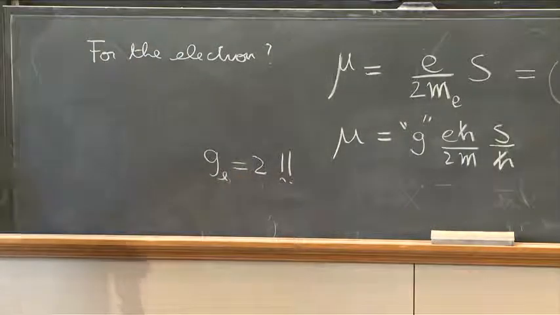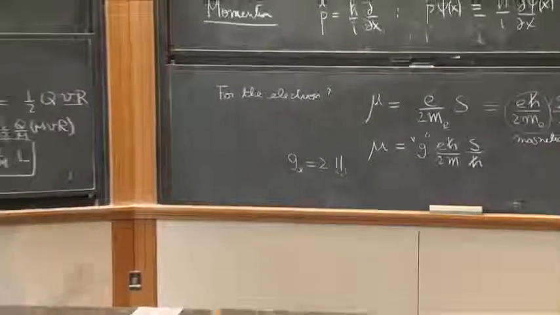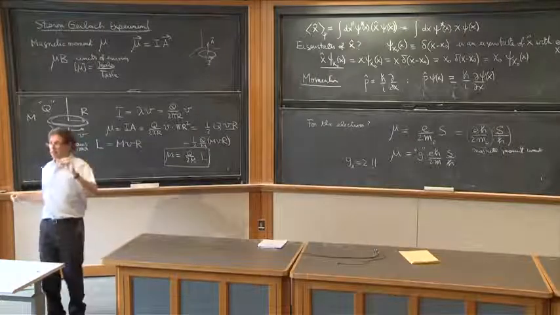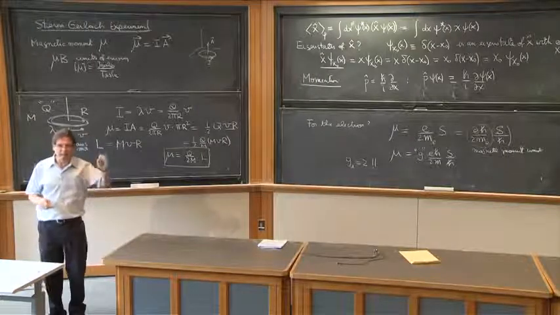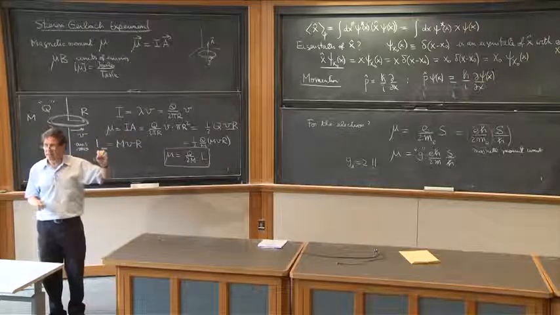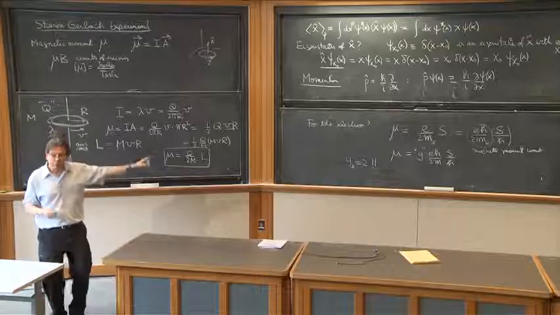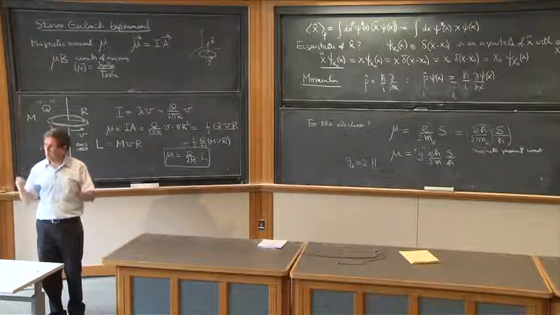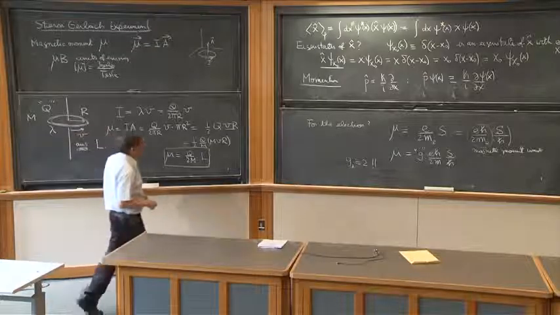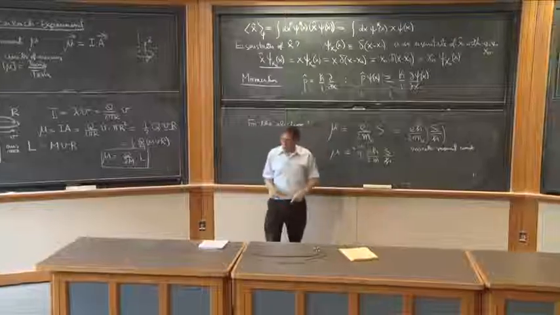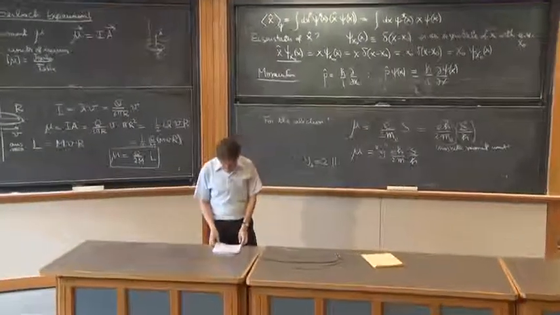Now that, you would say, cannot be an accident. It's twice what you would predict sort of classically. And the Dirac equation, the relativistic equation of the electron that you have not studied yet, but you will study soon, predicts this g equal 2. It was considered a great success that that equation gave the right answer, that people understood that this number was going to be 2. So for the electron, this is 2.